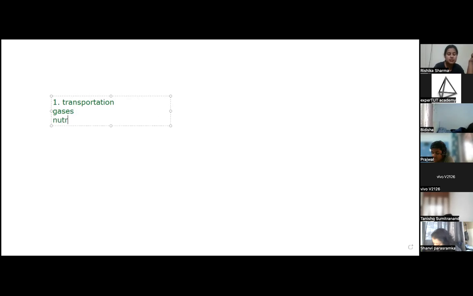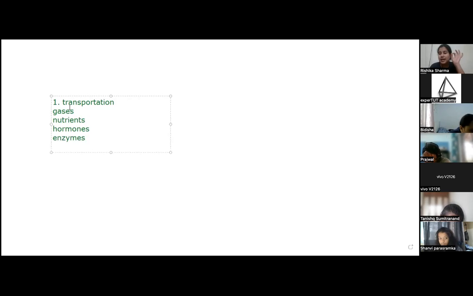Transportation of nutrients. Transportation of hormones, enzymes. So the basic function of blood is to transport.